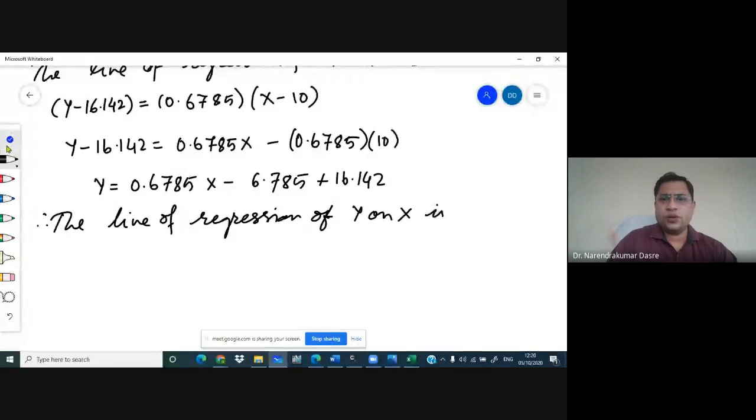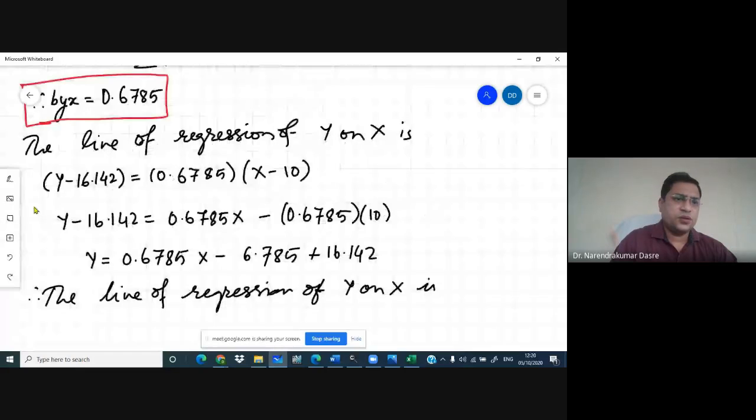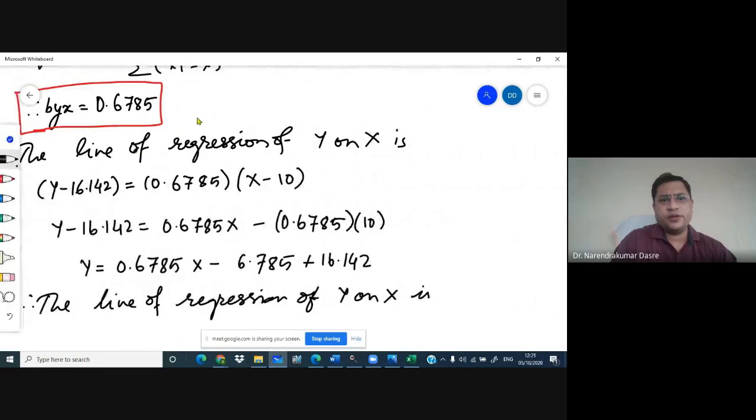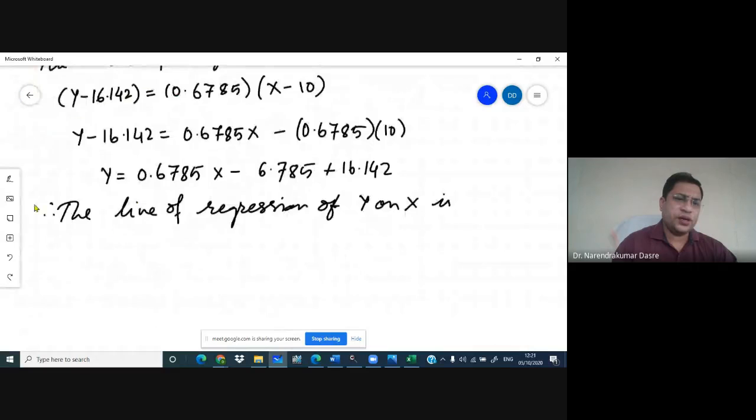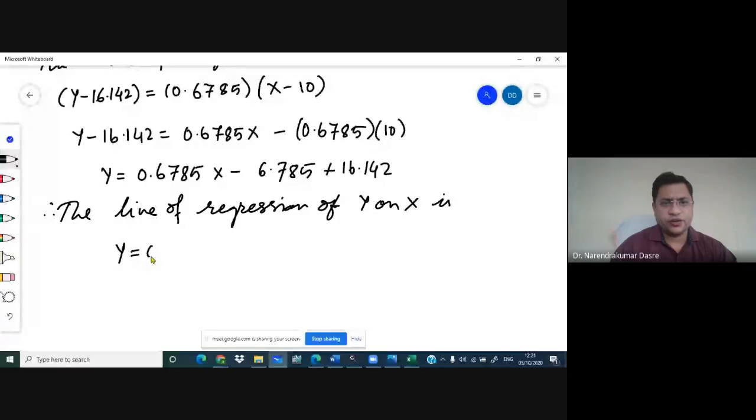Now we can write, from equation 1, the line of regression. So please give me what constant you are getting. So this is 0.6785x, and this constant will be plus.